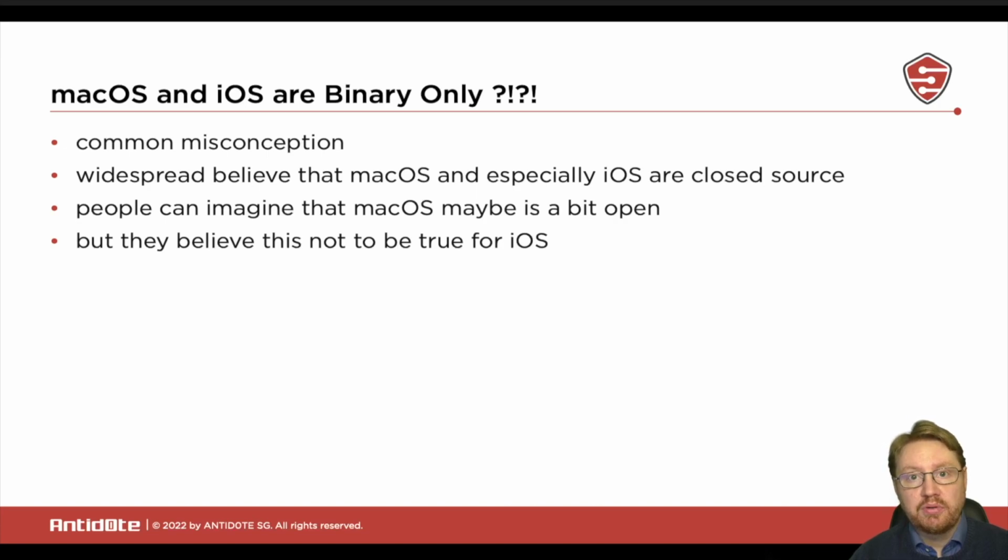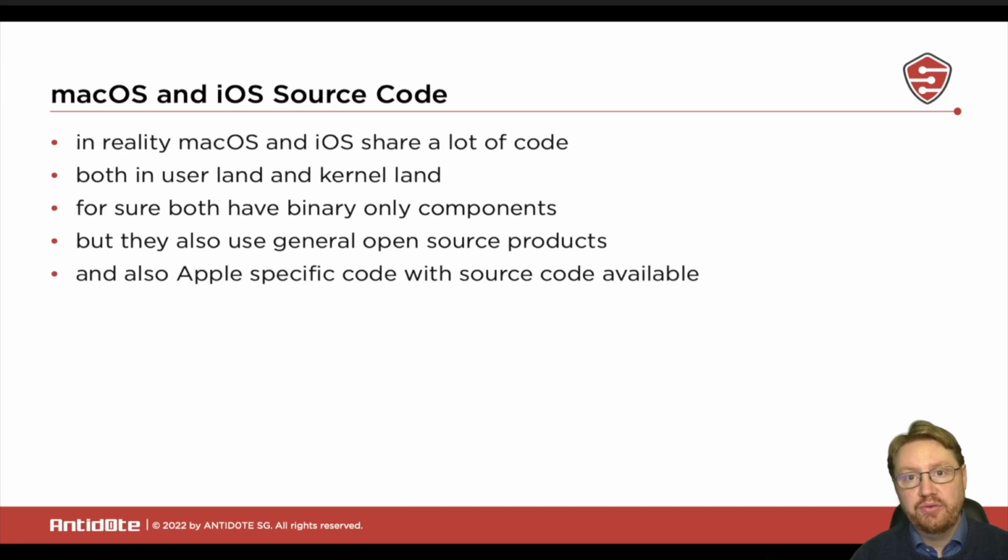Sometimes people relax this idea and think, okay, macOS is not as closed as iOS, so maybe macOS has some open source, but they usually don't believe that iOS has any open source in it. And of course, everybody who is more keen on this topic will already know that this is not really true.